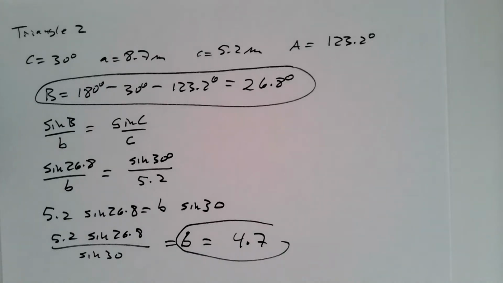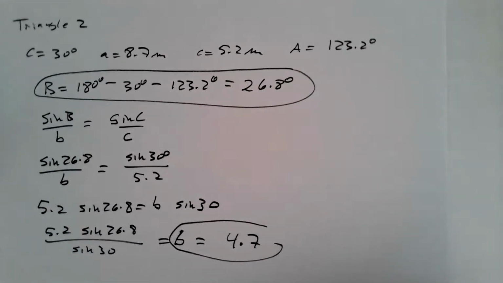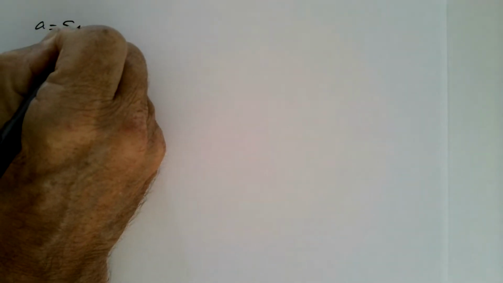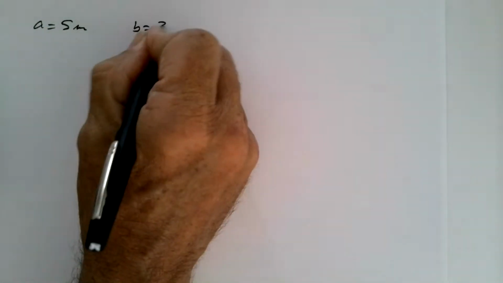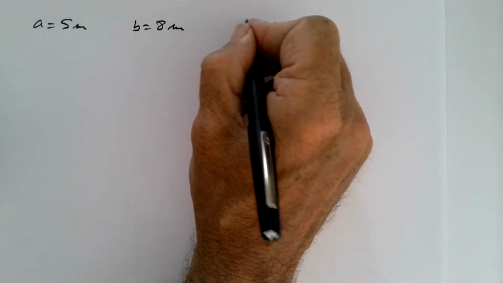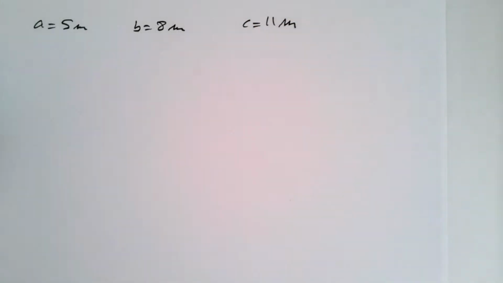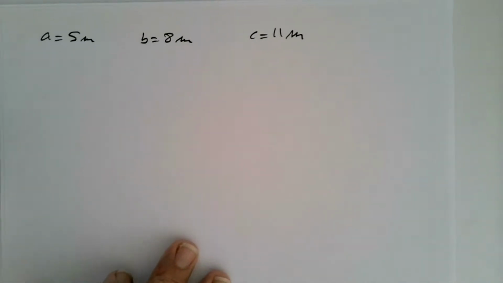All right, next. We are asked to solve a triangle where we're given all 3 sides. If that's the case, we're going to need to use the law of cosines. So A is 5 meters, B is 8 meters, and C is 11 meters. So let's go ahead and do that.